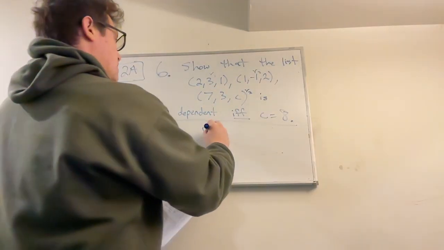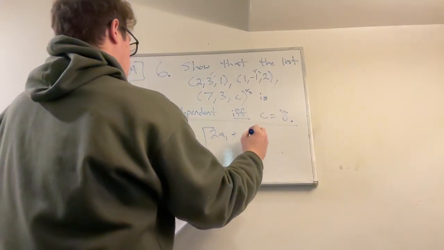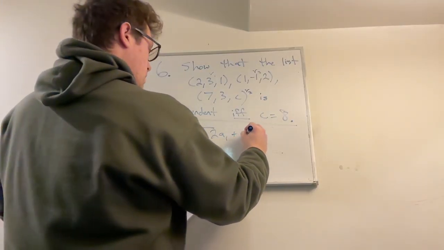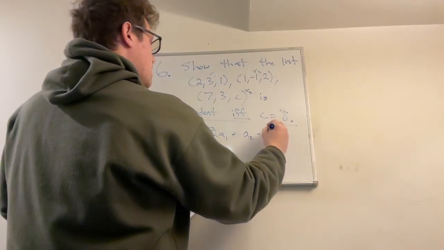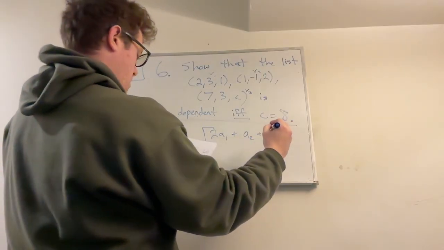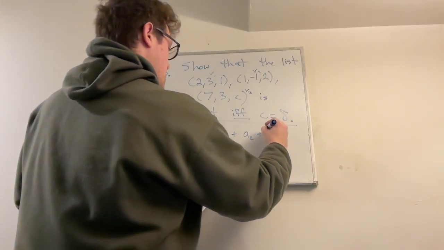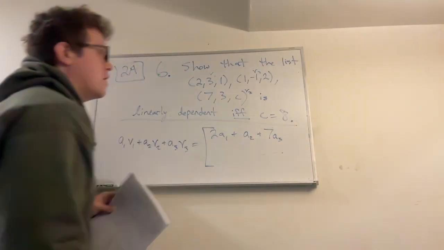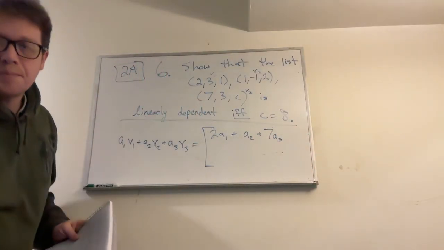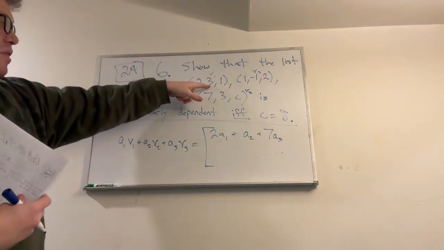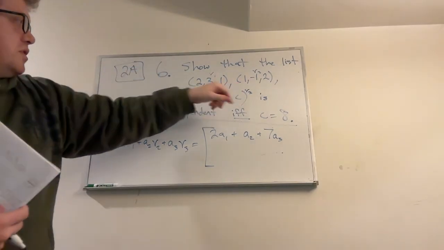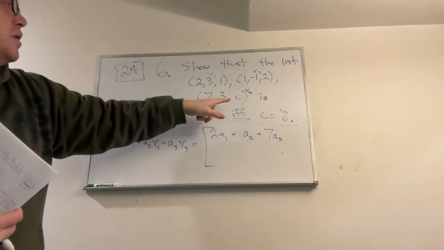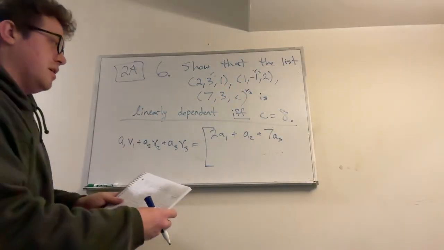So we actually get 2a1 plus a2 plus 7a3, right, because of this 7 right here. Then we get 3 times a1 minus 1 times a2 plus 3 times a3.